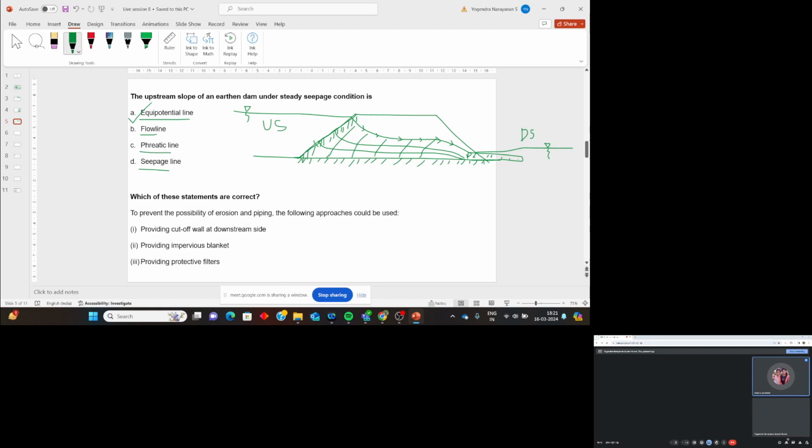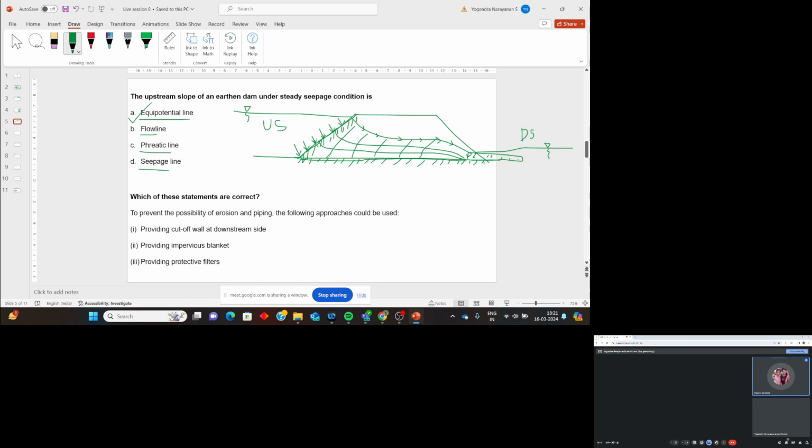Yes, sir. Now you will consider this as equipotential or flow. See, water is entering into the dam from all the directions like this, perpendicular to this line.